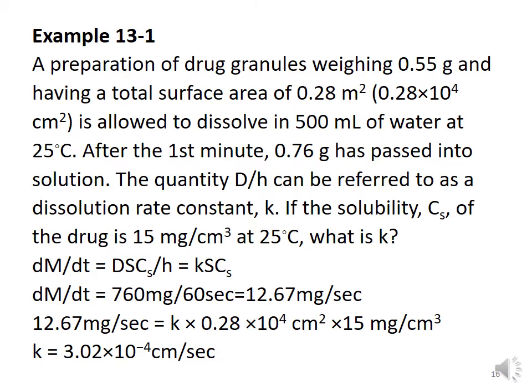According to the Noyes-Whitney equation, under sink condition, dm/dt equals the diffusion coefficient multiplied by the surface area multiplied by the solubility divided by the thickness, where D divided by h is called the dissolution rate constant. dm/dt is given in the question since after the first minute 0.76 grams has passed into solution.